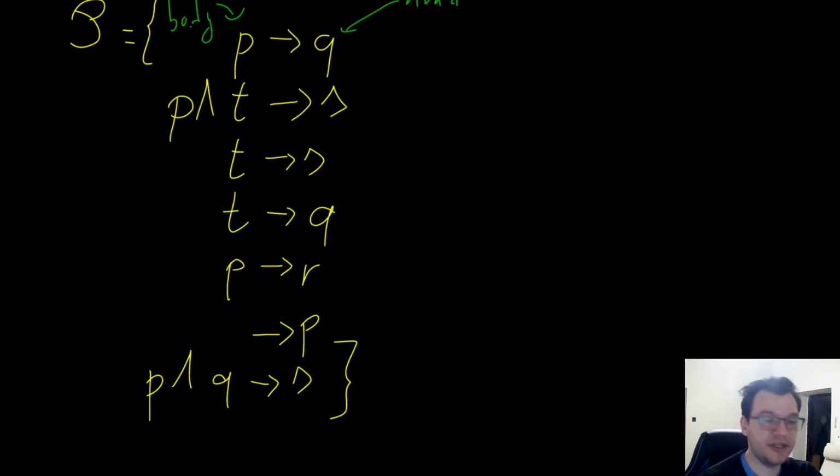Now we should give a model for this program, and as we've already discussed, the variable assignment which sets all the variables to 1, to true, is always fine, because on the right hand side there is one variable and the implication is always true if the right hand side is true.